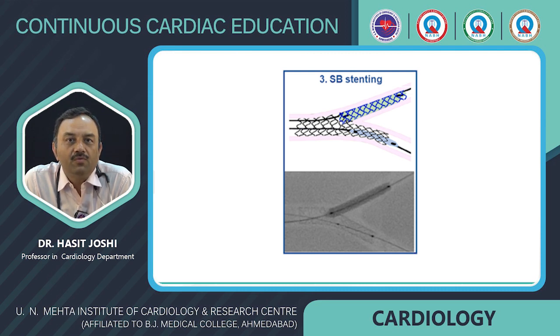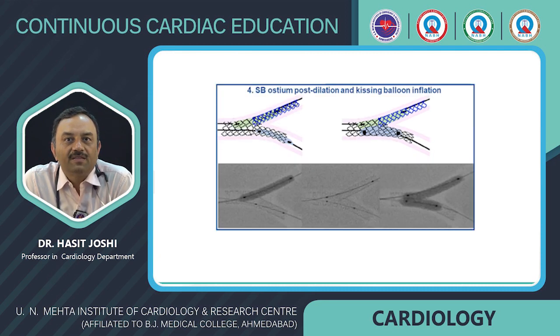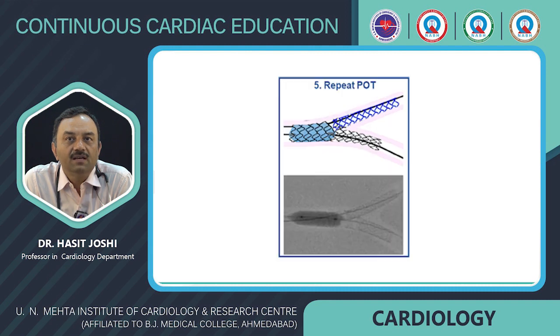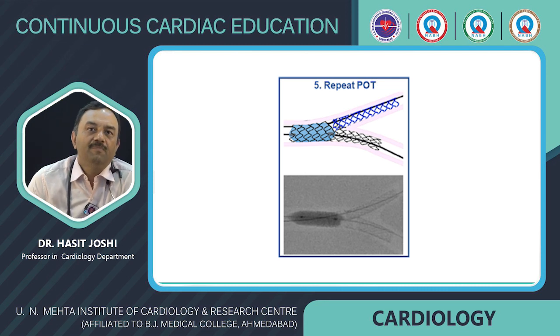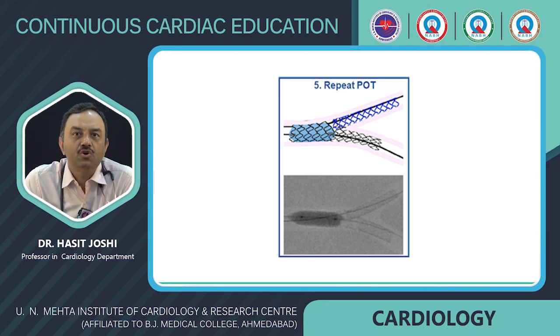Then you have to inflate this side branch balloon, coming back 1 or 2 millimeters, at very high atmosphere, about 16 to 18 atmospheres. Then pull back the distal main branch balloon and do a kissing, and then do the repeat POT. So there is a neocarina formed in the distal main branch, and it is about 1 or 2 struts at the max.